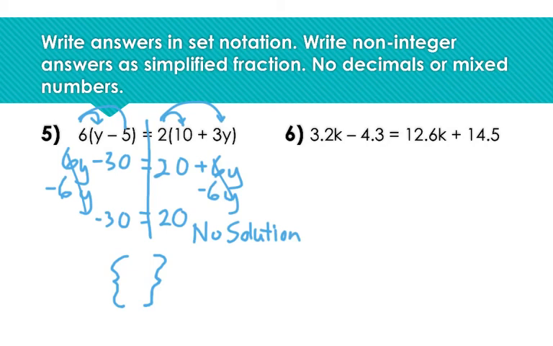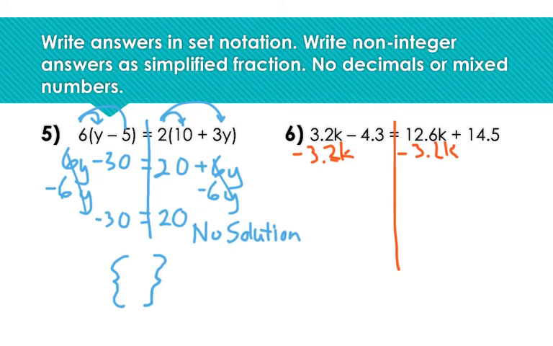Okay, number 6. Same thing. We're going to go ahead and write a line down from the equal sign. And I'm going to get k's to the same side, since there's no distributive property. And I'm going to go with the smaller one, so 3.2k. I'm going to subtract 3.2k, so I'll subtract again, 3.2k.